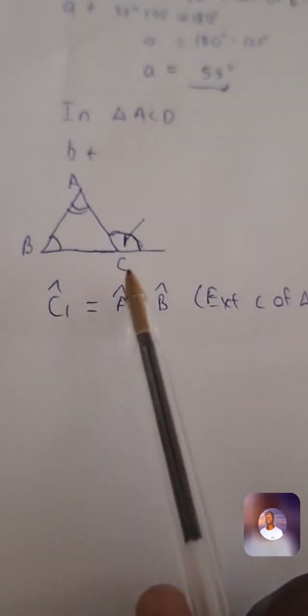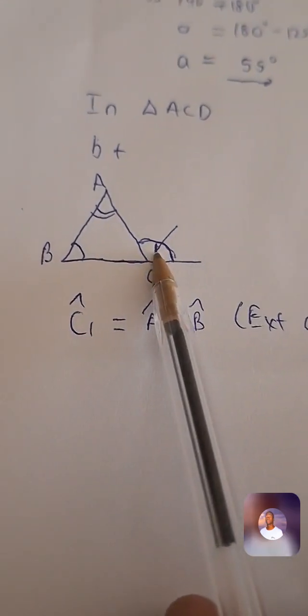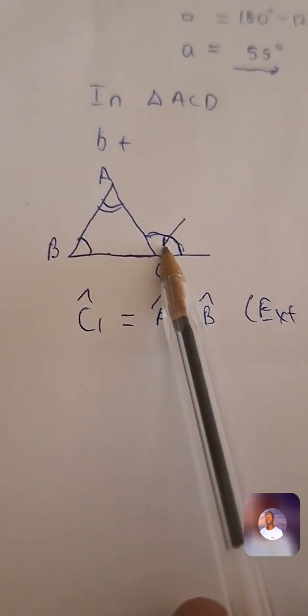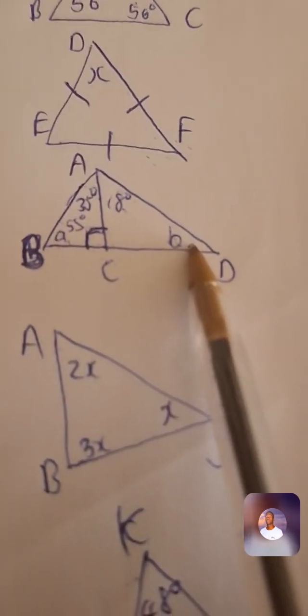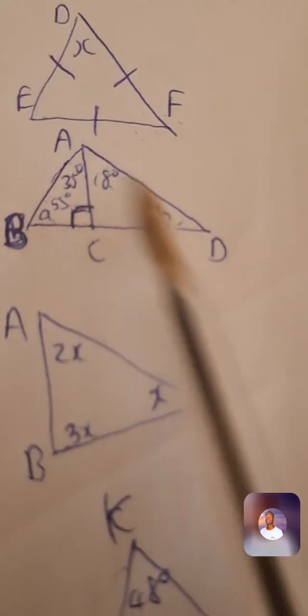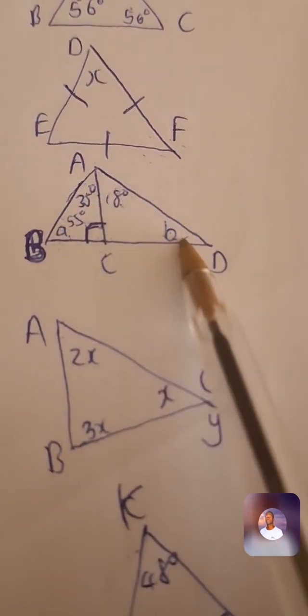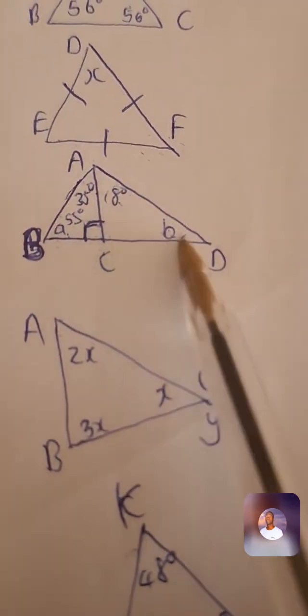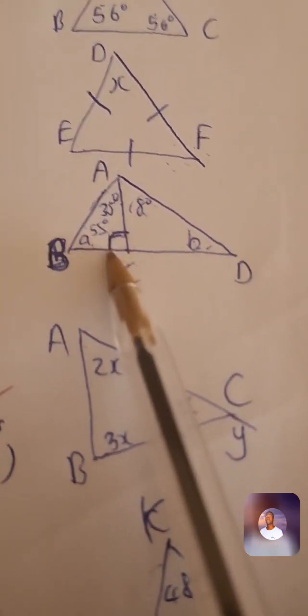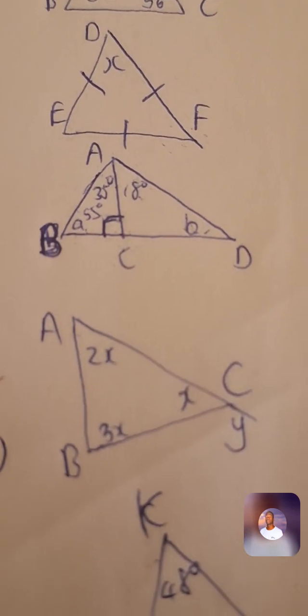So for those people that are lost about the idea of exterior angle, you can use that as well in this particular diagram to find angle B. Angle B and this 18 degrees are your two interior opposite angles whose sum is equal to this exterior angle, which is 90 degrees.